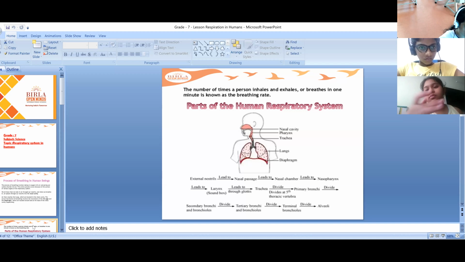Then it divides into primary bronchi, secondary bronchi, tertiary bronchi and bronchioles, and the terminals supply oxygen to the alveoli. The oxygen is then absorbed into the blood, and carbon dioxide is present in the blood capillaries.